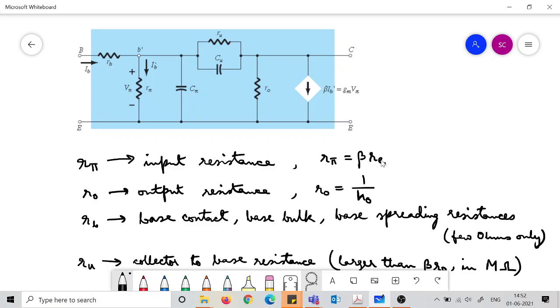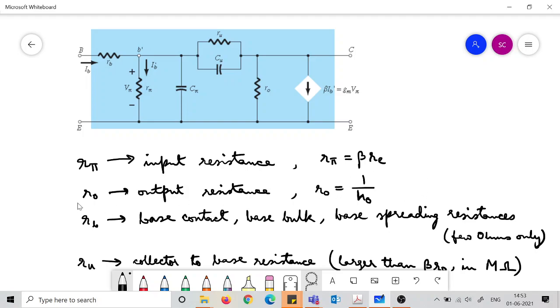So these relationships you need to remember for working with the different models. One parameter may be given, but you are actually working with another model, so you have to get the parameter of the model you are working in from the parameter which is given. Some of these relationships need to be remembered.